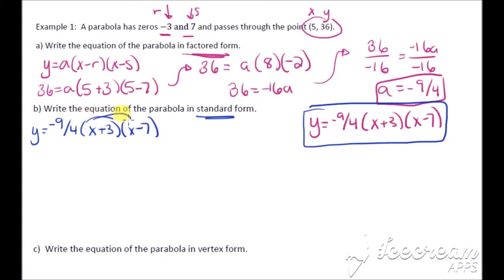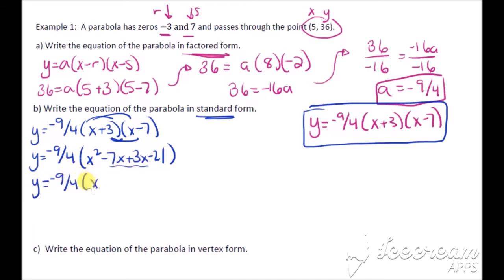What we're going to do is expand this, so we're going to FOIL it. Let's leave the -9 over 4 and just expand the middle two terms. So x squared minus 7x plus 3x minus 21. Let's collect these two middle terms. This simplifies to x squared minus 4x minus 21.